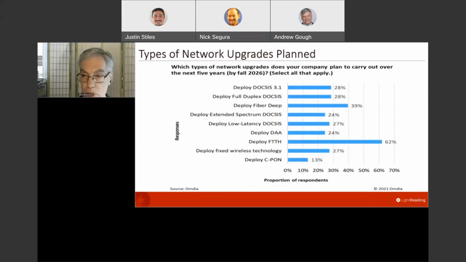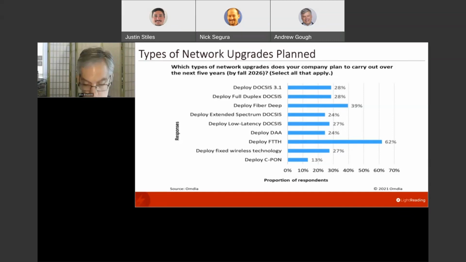Among other things, we asked operators which types of network upgrades their company plans to carry out over the next 5 years. As you can see in this slide, the results are all over the board, but a few things stand out. First, nearly 2/3 of operators, or 62%, plan to deploy fiber to the home in at least some of their regions by fall 2026, which is a pretty impressive number.